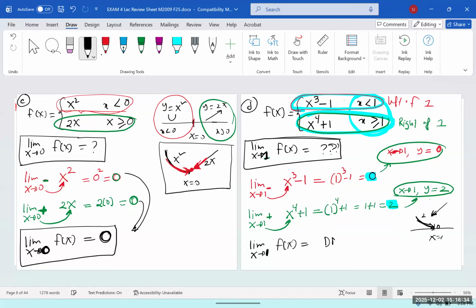We say, well, the limit doesn't exist. The limit doesn't exist because the left-hand limit and the right-hand limit are not the same.